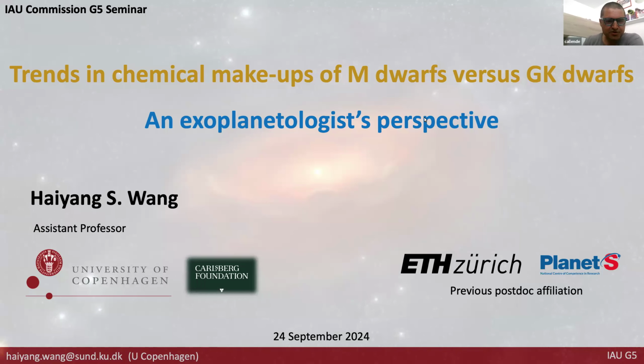It's my pleasure to introduce today Haiyang Wang from the University of Copenhagen. He graduated and did a master's in geoscience in China at China University of Petroleum in Beijing. Then moved on to do a PhD from Australian National University in 2018, changing to astronomy and exoplanets.